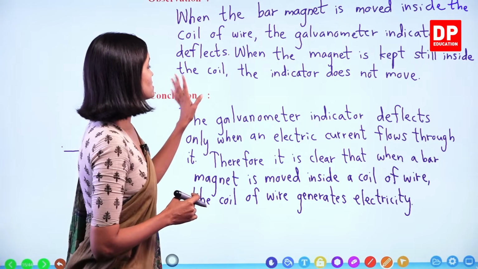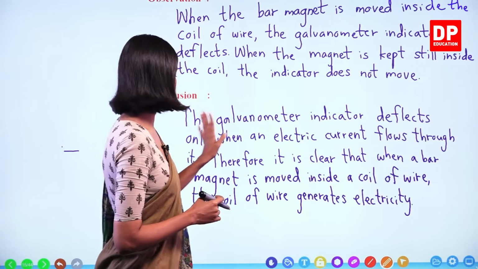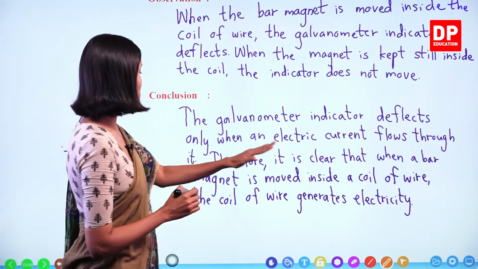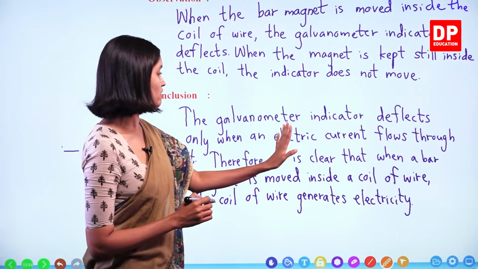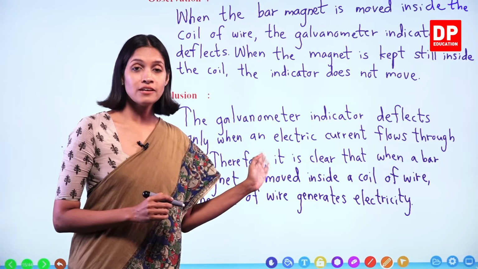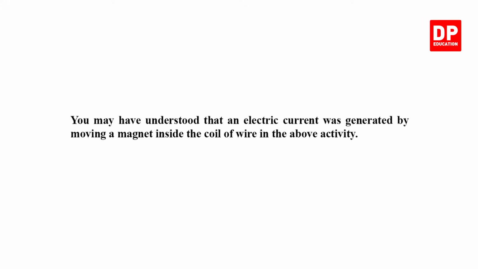The galvanometer indicator deflects only when an electric current flows through it. Therefore, it is clear that when a bar magnet is moved inside a coil of wire, the coil of wire generates electricity. Right? We'll move on to the next.